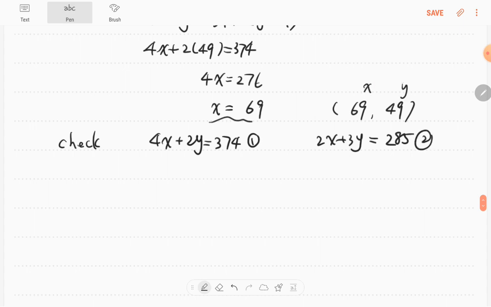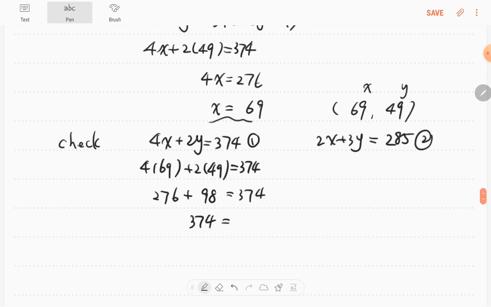So we're going to use 69 to replace x and 49 to replace y. So if you do it, you will find it is true for the first one. And the second one, we will do the same thing.